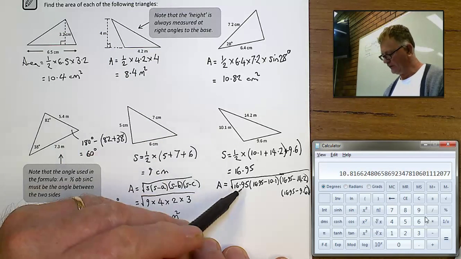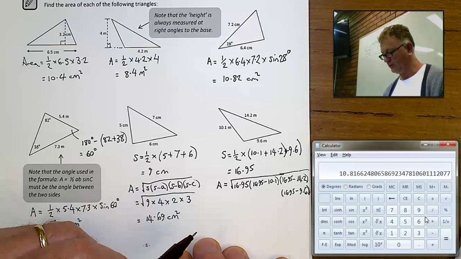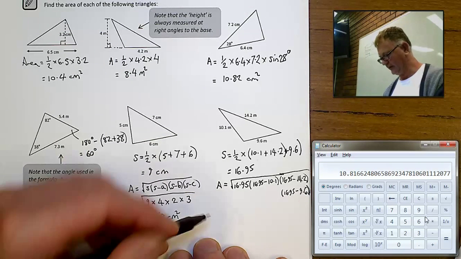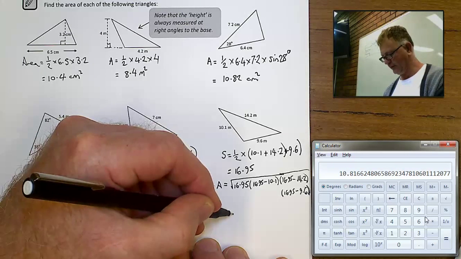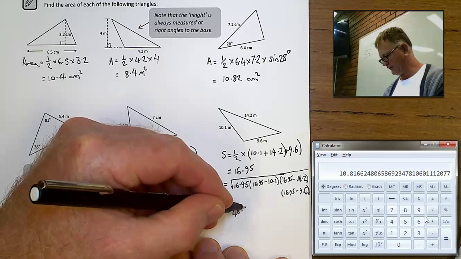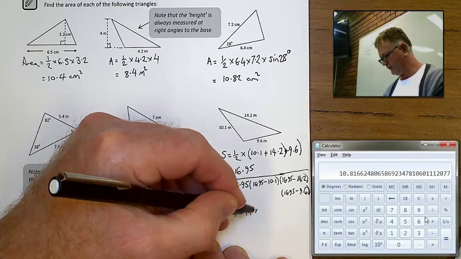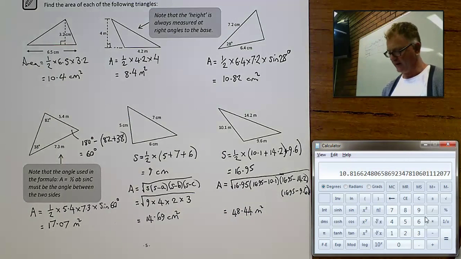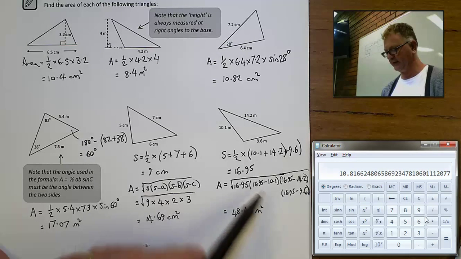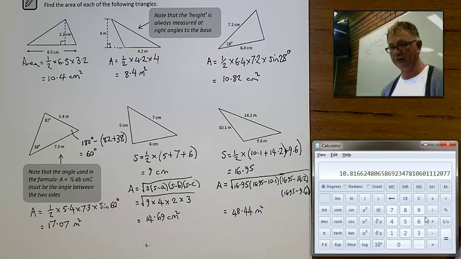Okay, so work out each of these, multiply them together, take the square root. I've done this beforehand. The answer works out to be 48.44 meters squared. Once again, be very careful with the way that you use your calculator. Don't try to do too much at once. Work out each of these things separately probably and write them down is safer than trying to do a big long string of things on your calculator.